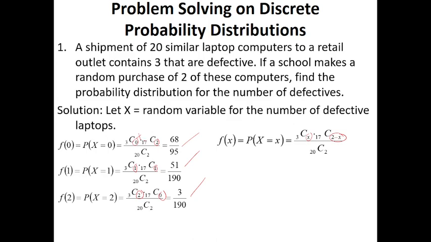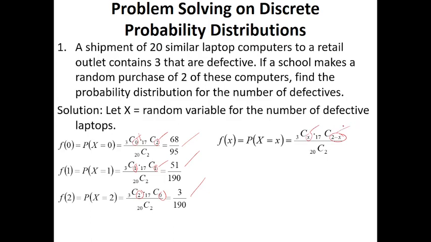So if we have 0 defective laptops, this will become 0, and this will become 2 minus 0, we get 2. If we have 1 defective laptop, this is 1, 2 minus 1, we get 1.